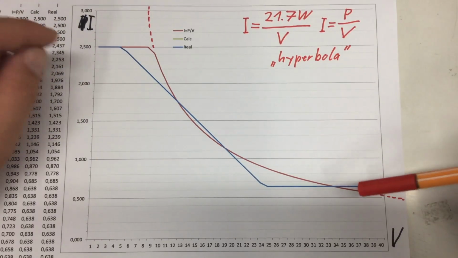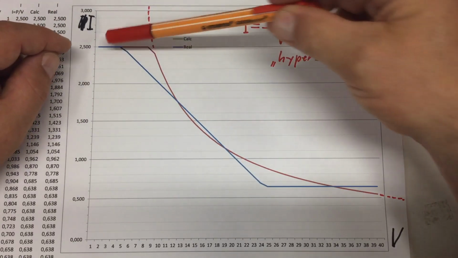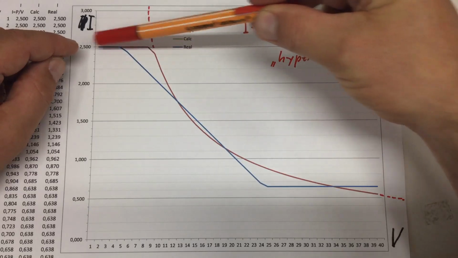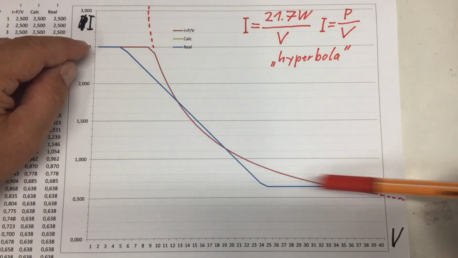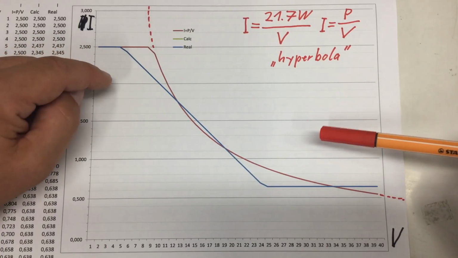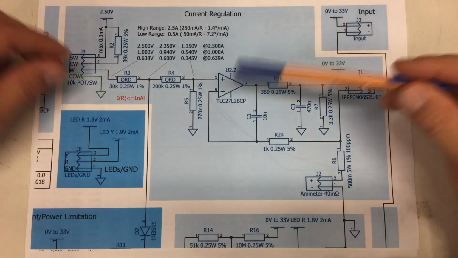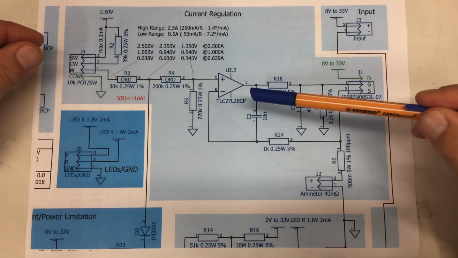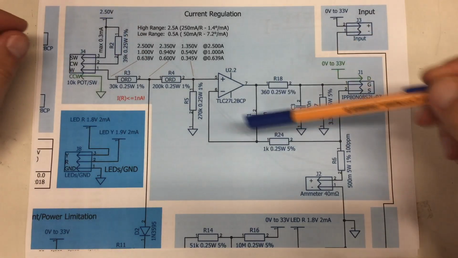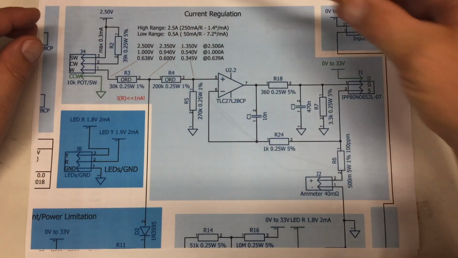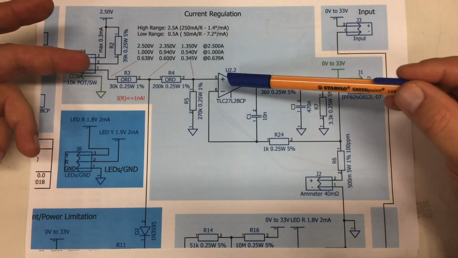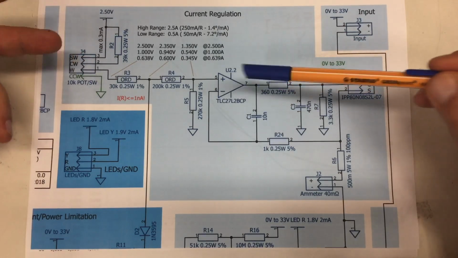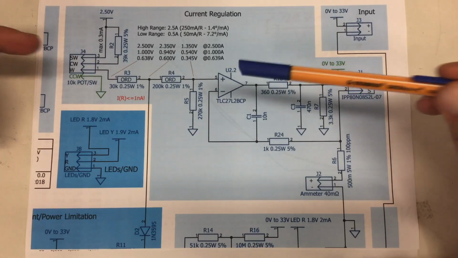The first thing you noticed is that there is kind of a cutoff, a plateau, here. So what's that about? My upper current limit is obviously given by the current regulation: the maximum current I dimensioned it for, and that was 2.5 amps.